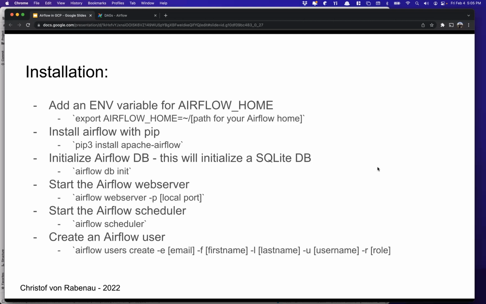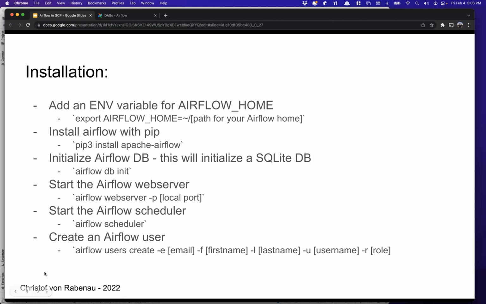And then you start your Airflow web server on a specific port, and that will open up a local instance of the Flask server on that local port. And then lastly, you have to start the Airflow scheduler in order to get the jobs loaded and for the actual environment to start doing its work.